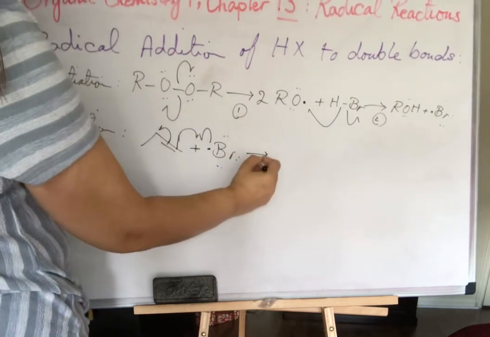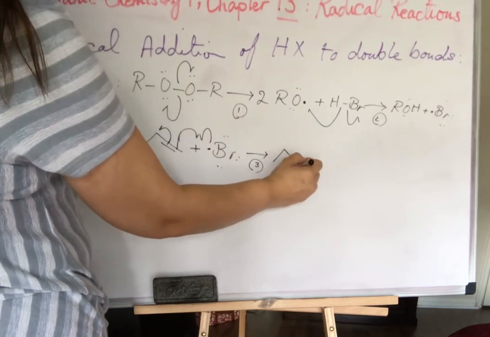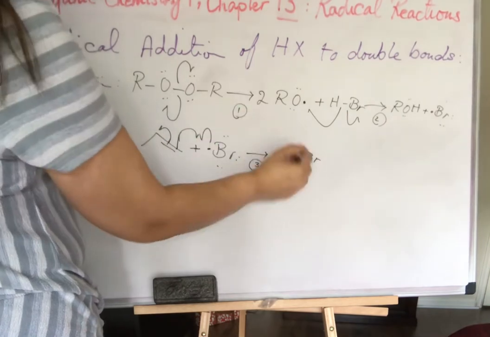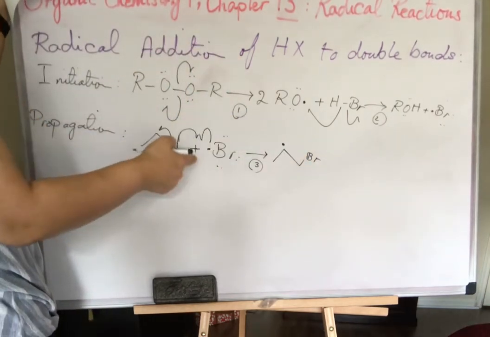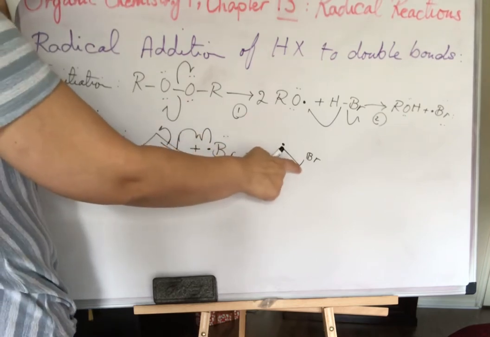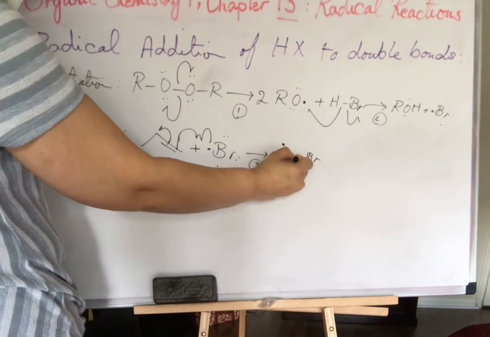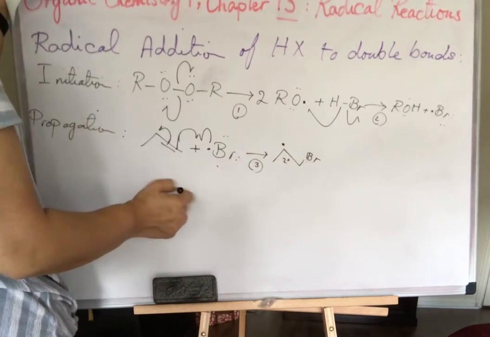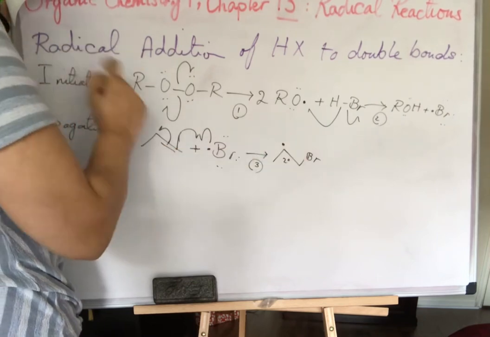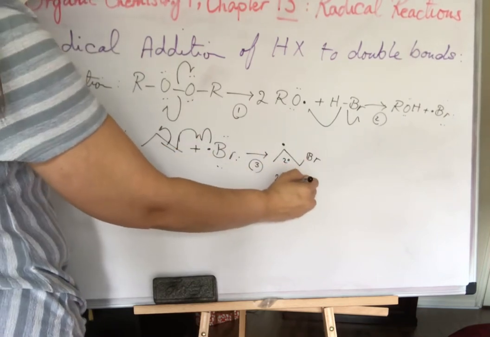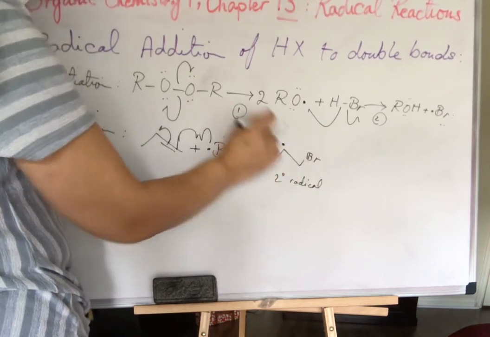So in the third step of the reaction, we have what? Bromine will be added, and you will have this here. The reason that bromine is added to the first carbon, to the hydrogen-rich carbon, is that we will have a secondary radical. While if we had bromine here, then we would have only a primary radical. Secondary radical. So secondary is more stable than primary.